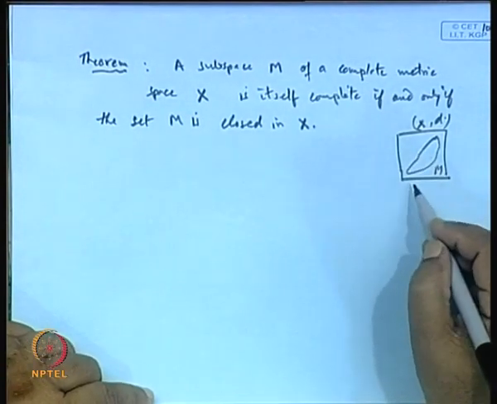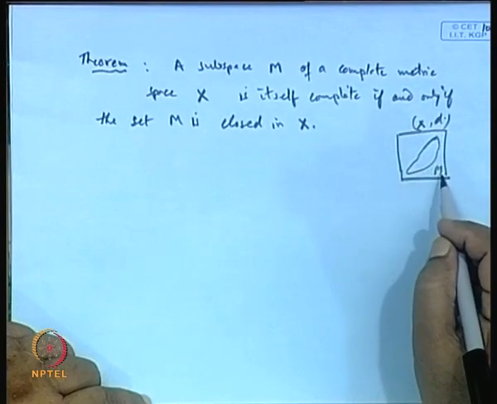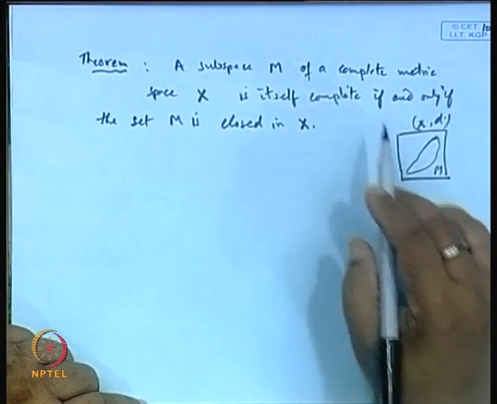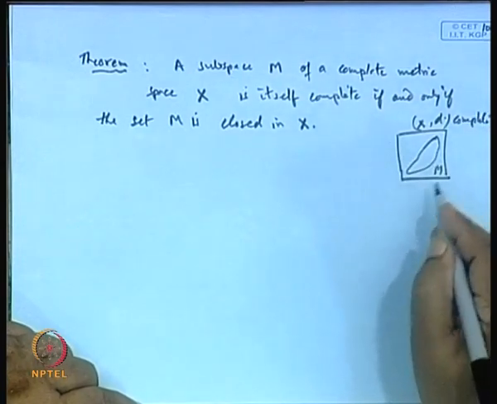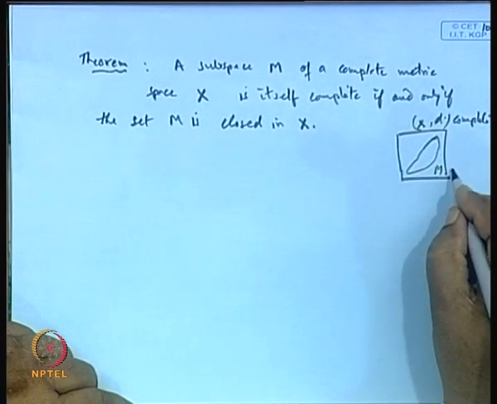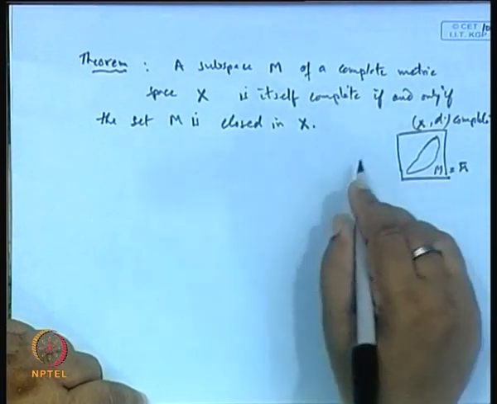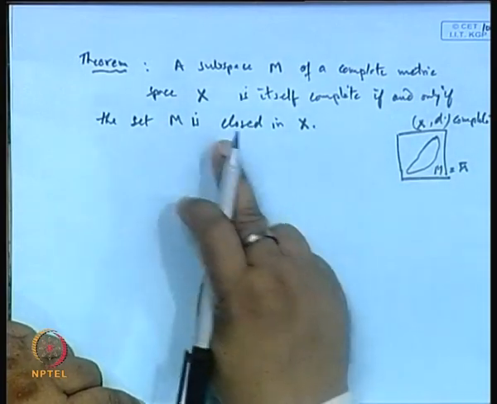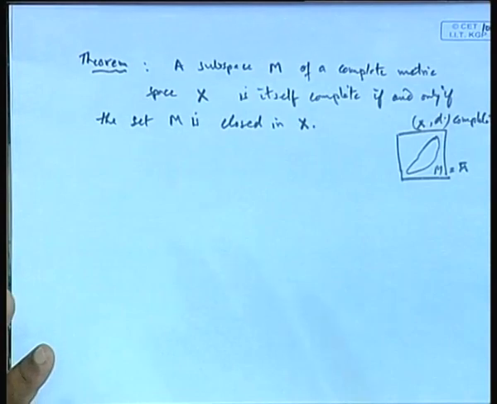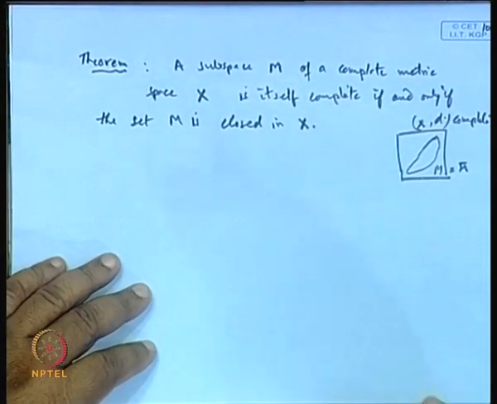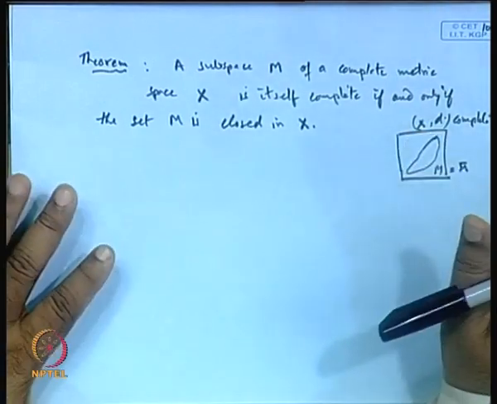Now, instead of proving this part, we can simply say if a subspace M of a complete metric space is closed, that is, if I simply prove M is equal to M closure, then automatically it will give you the conclusion that M will be a complete subspace of X. So, you need not consider the Cauchy sequence, simply prove all the limit points of M lie in M itself.